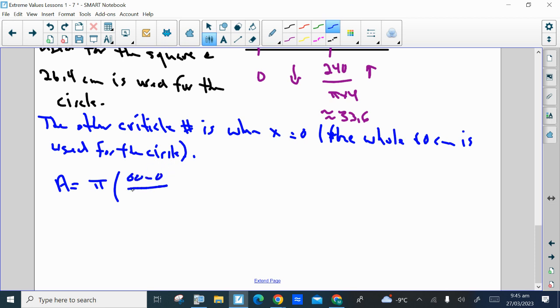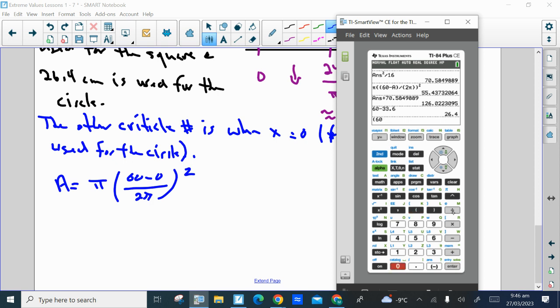So it's when x is 0. So you're going to have 60 over 2 pi all squared times pi. 60 divided by, in brackets, 2 pi, all squared. Which is 286 centimeters squared.